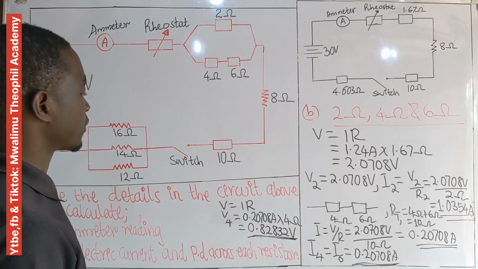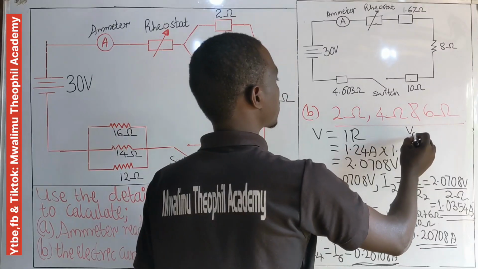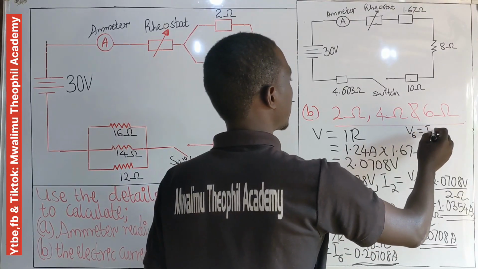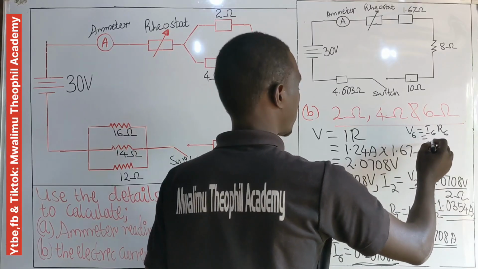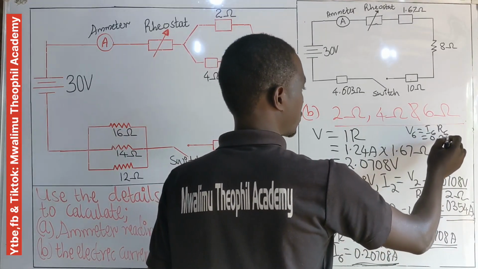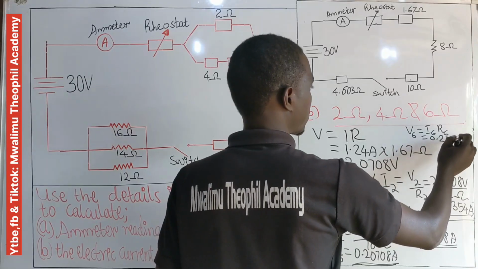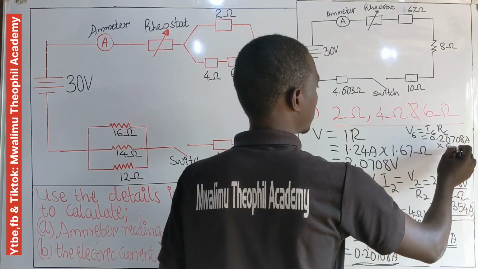What about the potential difference across the 6 ohm resistor? V6 again will be equal to I6 times R6, which will be equal to the same current, which is 0.20708 ampere, times the resistance, which is 6 ohm.